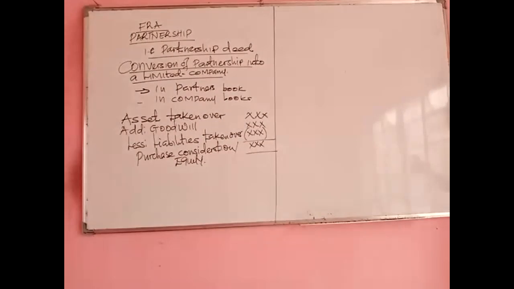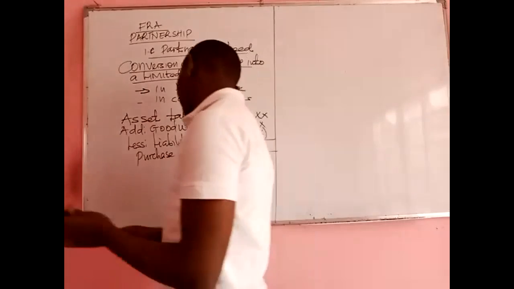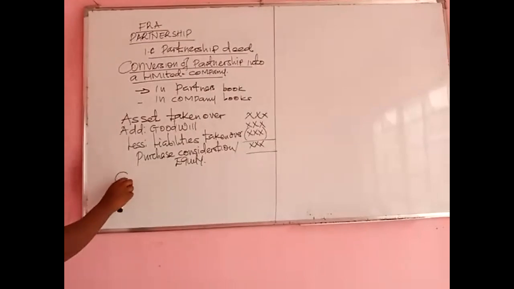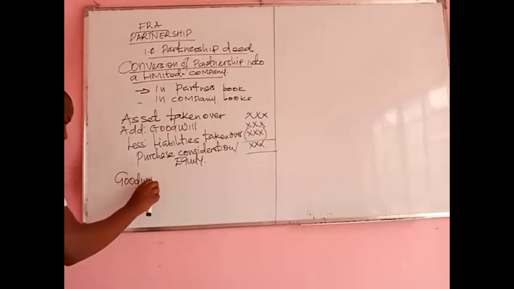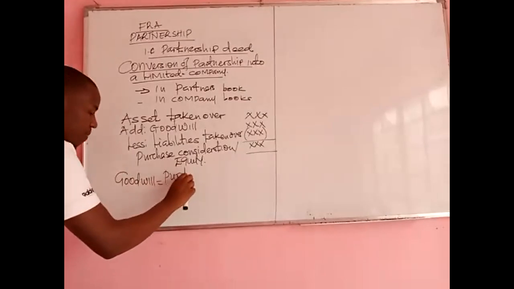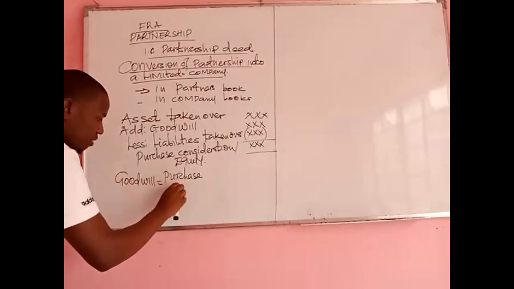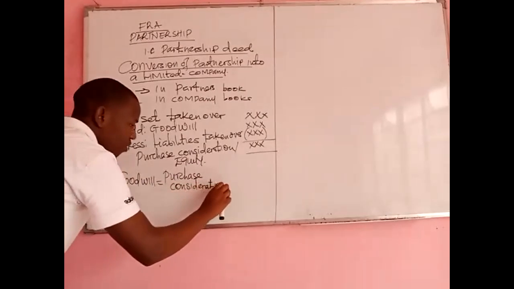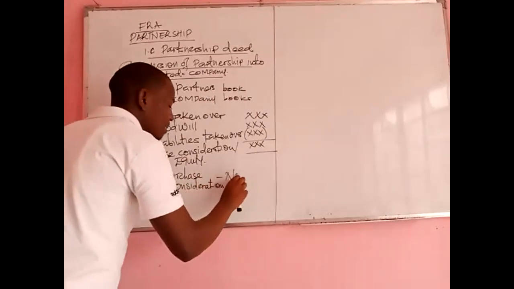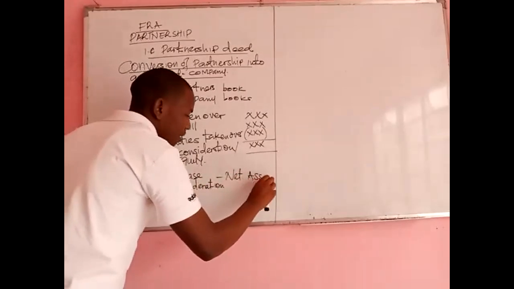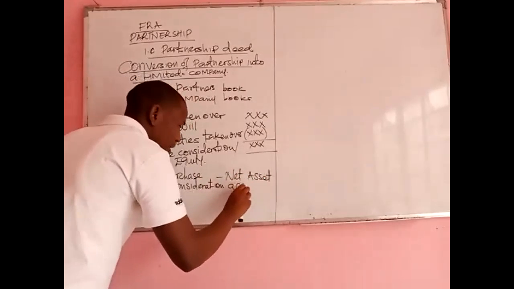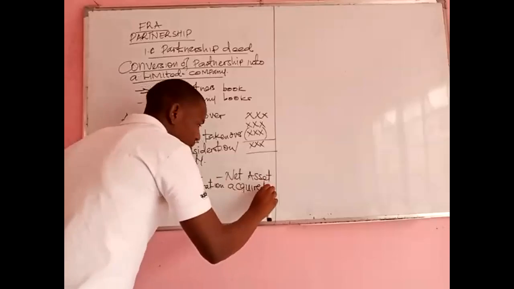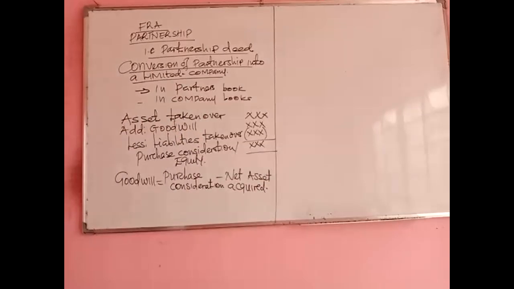Now, if you want to get the goodwill, goodwill is normally given by the purchase consideration, you minus the net assets acquired.